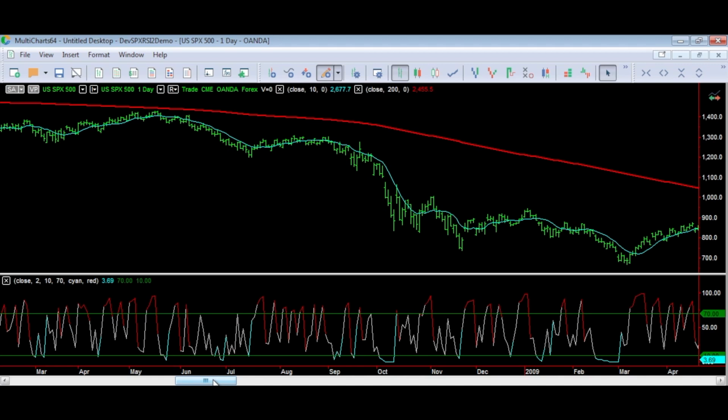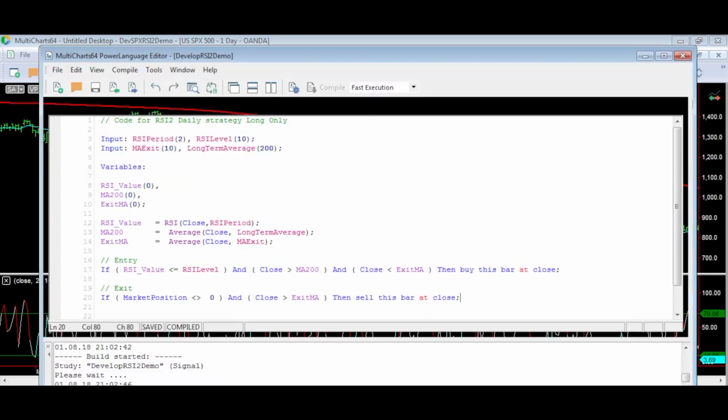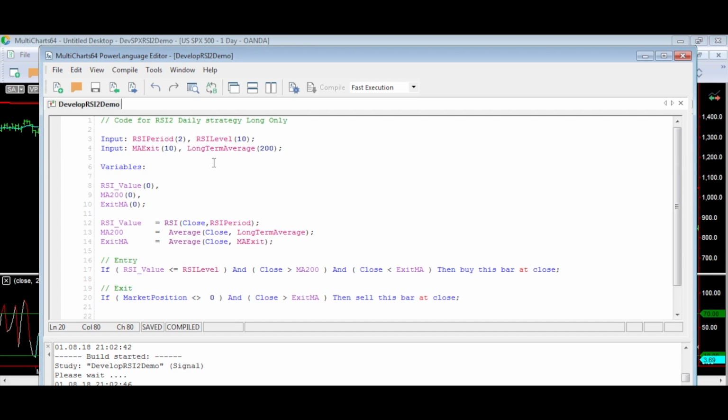It allows me to trade it automated. In fact, I'll quickly show you the code. This screen here is the PowerLanguage editor. This is where we code, and that is it. That is the simple code that I've created to take this, and I can automate this, so I don't even have to look for signals manually. It can take them automatically.